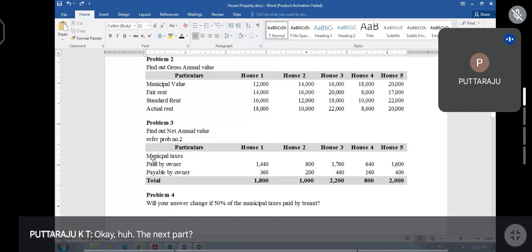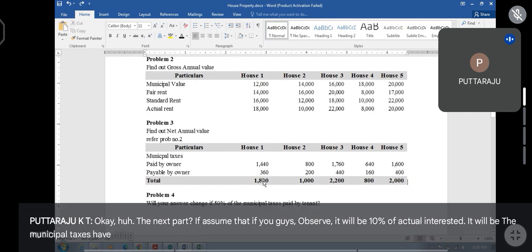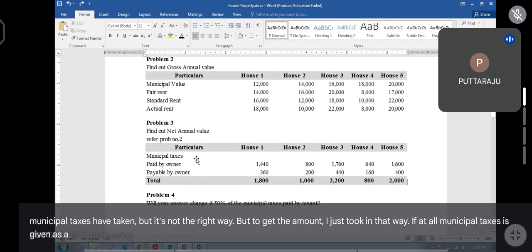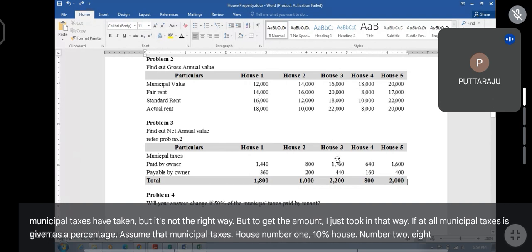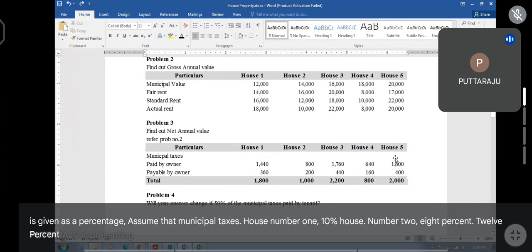If you guys observe, it will be 10% of actual rent received that I have taken as the municipal taxes. But it's not the right way. To get the amount, I just took it that way. If at all municipal taxes is given as a percentage, assume house number 1 is 10%, house number 2 is 8%, 12%, 10%, 10%.